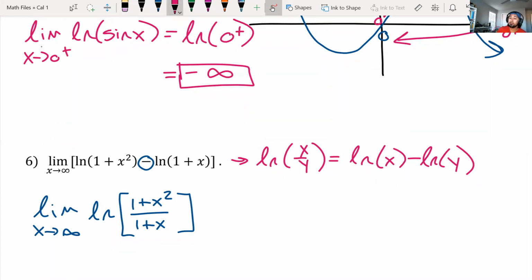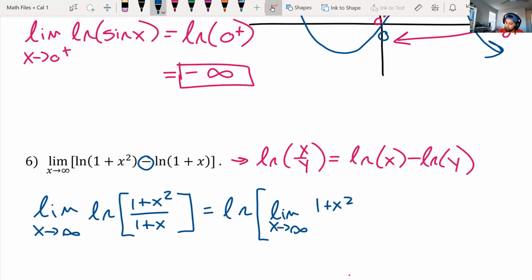And now we have the natural log of 1 plus x squared over 1 plus x. And what we're going to do next is take this limit and apply it to the inside. So we'll get the natural log of the limit as x approaches infinity of 1 plus x squared over 1 plus x. And now we have the limit of this rational function, which means we get to power trick it.